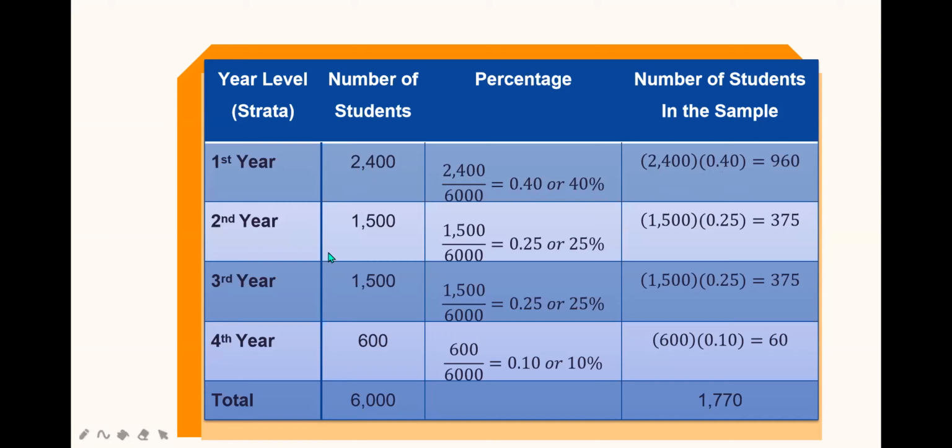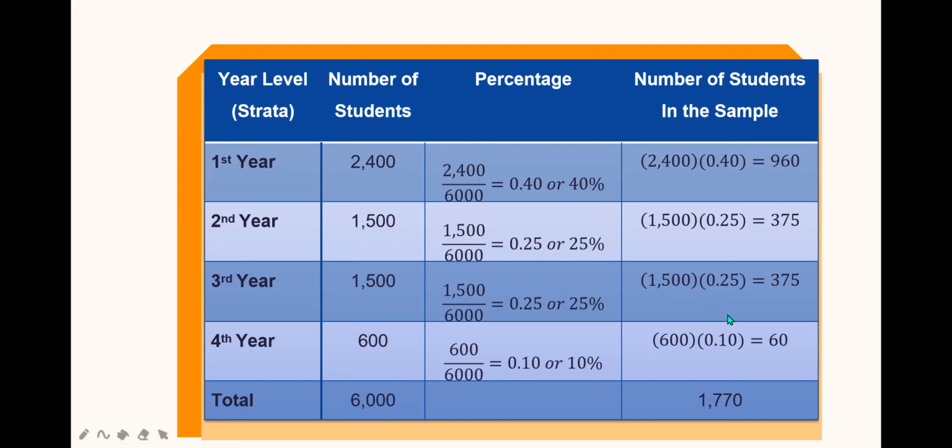Okay, so based on the second year strata, that is 1,500. 1,500 divided by 6,000 is 0.25. So therefore, that is just 25%. So this 0.25 multiplied by 1,500 is equal to 375.